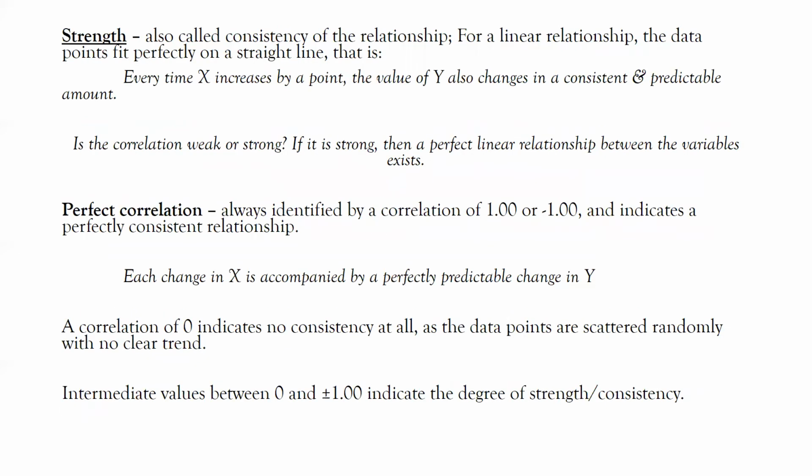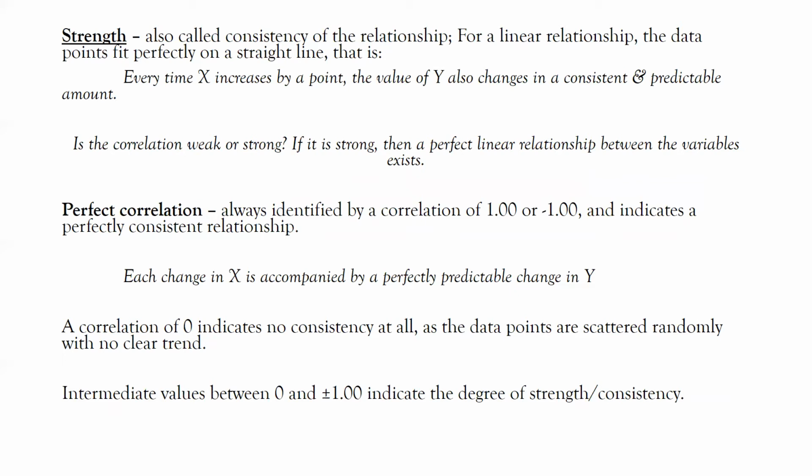Now, strength. Strength of a relationship is also called consistency. And for a linear relationship, the data points fit perfectly on a straight line. Well, that is the assumption. Later on, you will find out that you, as the researcher, decide what type of relationship you're trying to fit the data in.